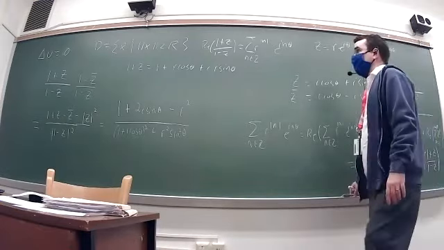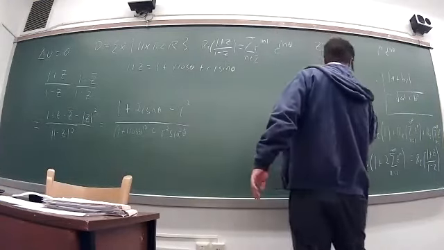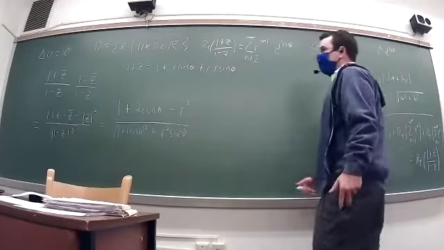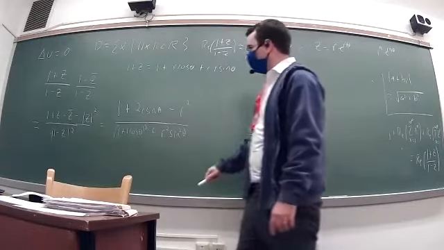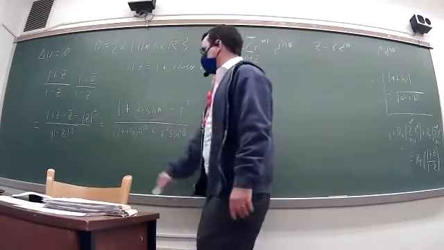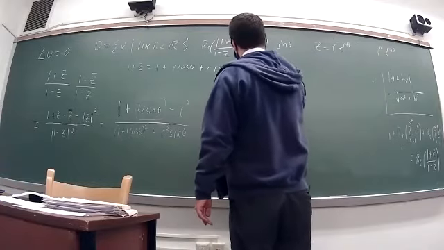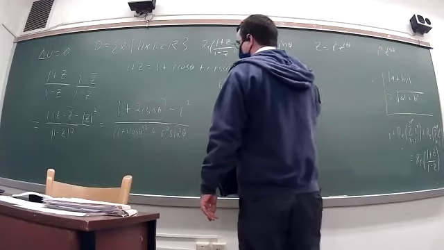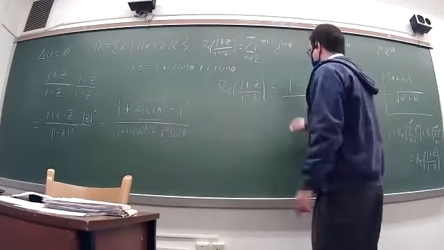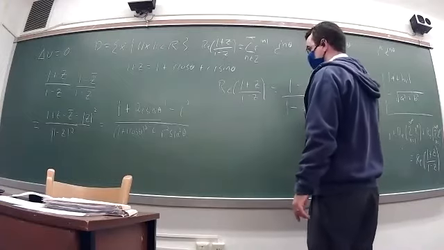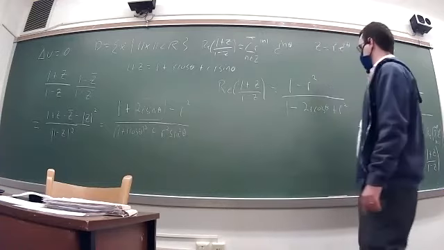And so take the real part of that. I did this multiplication and division thing so I could cleanly identify the real and imaginary part. And this is the imaginary part. So taking the real part is now 1 minus r squared over that, which is what? 1 minus 2r cosine theta plus r squared.